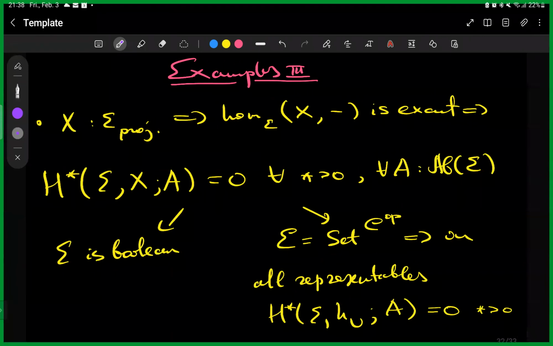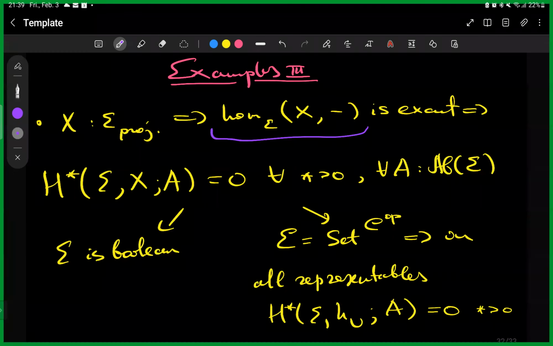Okay, and so finally, we can consider a particular case when cohomology vanishes. If X is a projective object in our topos, then, well, that's basically the definition. If it's projective, then this Hom functor is exact. And this means that there are no high derived functors.